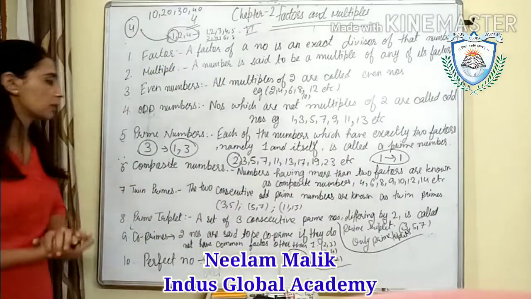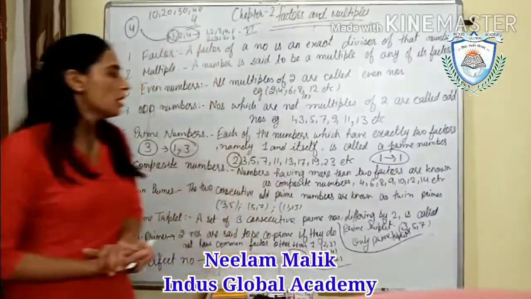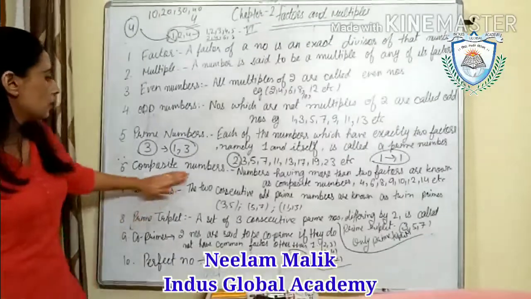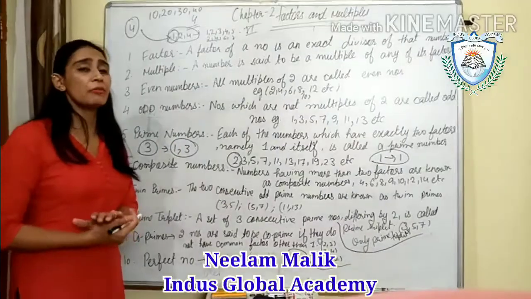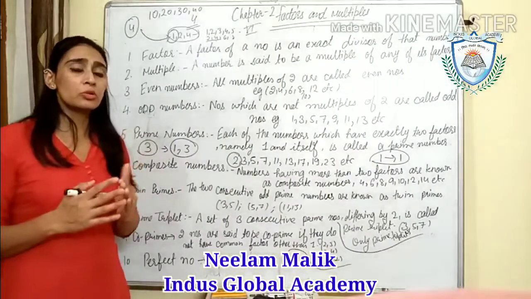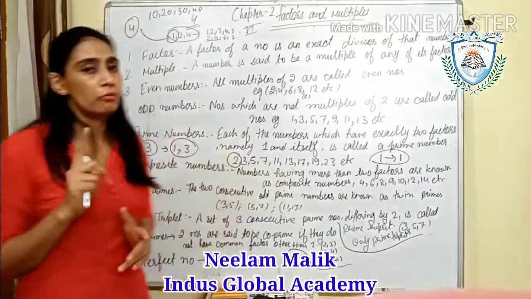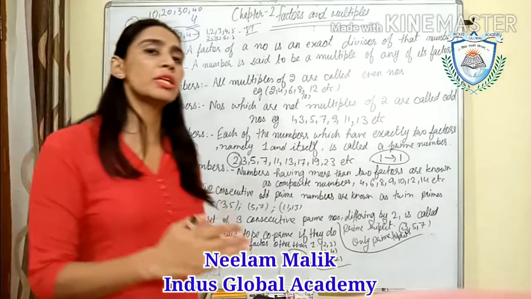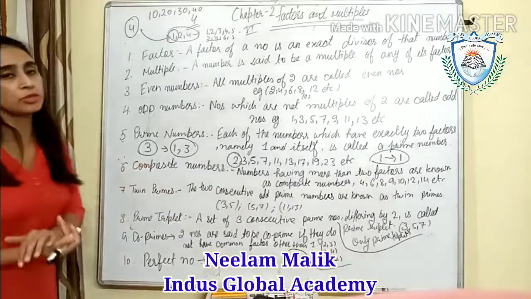Now the composite numbers. Numbers having more than two factors are known as composite numbers. If a number has only two factors, one is 1 and another is itself, that is a prime number. If it has more than two factors, then that number is a composite number.